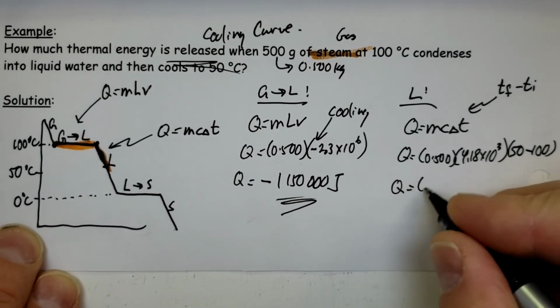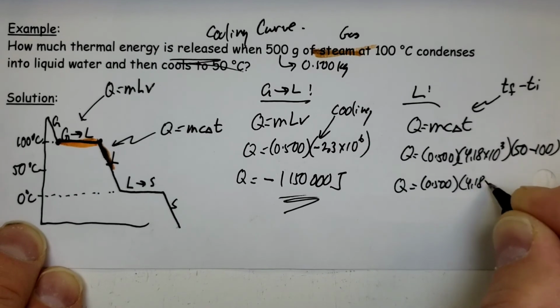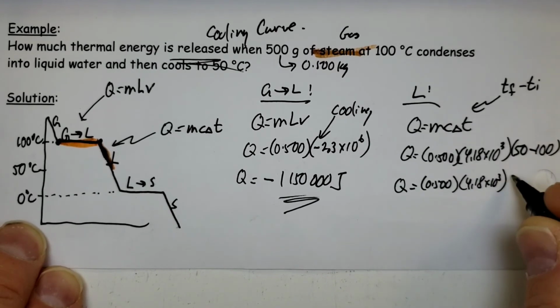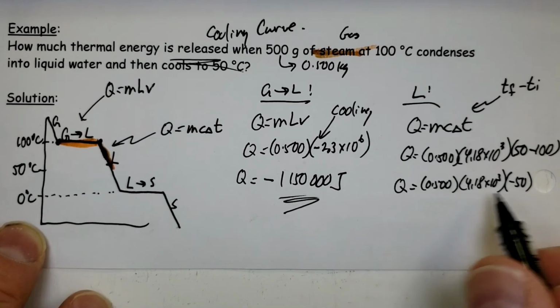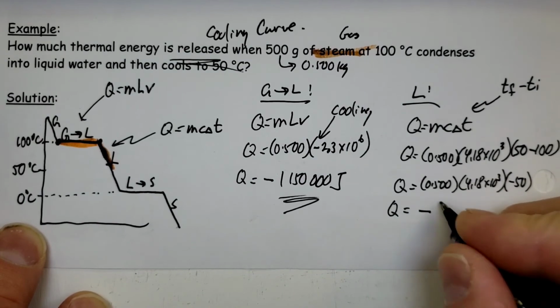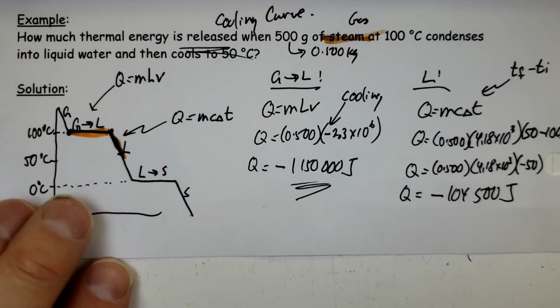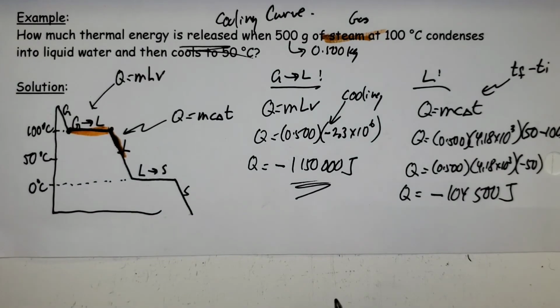So when I do that, I get my 0.5, 4.18 times 10 to the 3, and of course 50 minus 100 is negative 50. That makes sense because I should be getting a negative here, right? Because it's being released. Negative 104,500 joules.